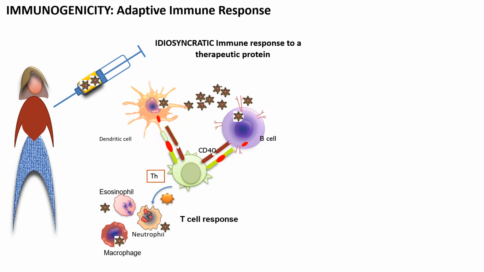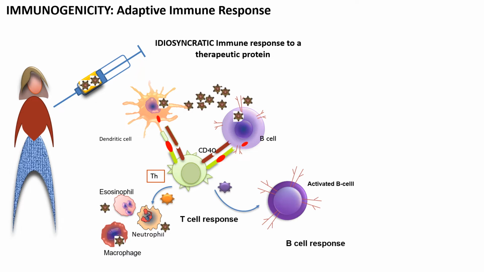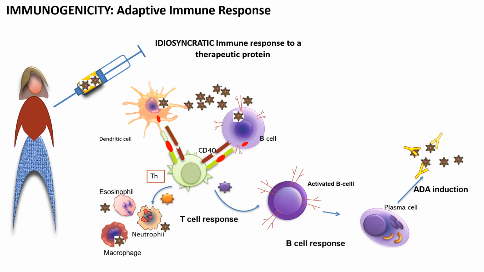Of course, the immune system does not know that it is a drug. It is just perceiving that there's something that's foreign and that could cause problems. So our immune system is triggered to make sure that we get rid of those danger signals. In addition to the T cell response, the T cell can also stimulate a B cell response, which is activating B cells, making them differentiate into plasma cells and producing anti-drug antibodies.